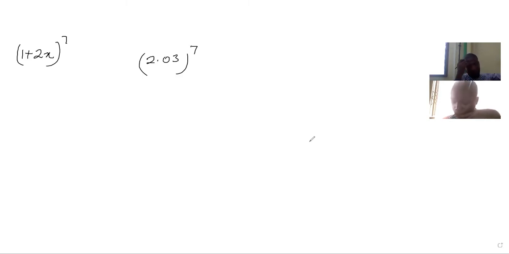You are supposed to end on 280x cubed, because you have to end on the x cubed term. Yeah, that's what I did. Yes, but that is not the third term. That is the fourth term. Count your terms and see. Here I have the first term to be 1, second term to be 14x, third term to be 84x squared, and then fourth term 280x cubed.